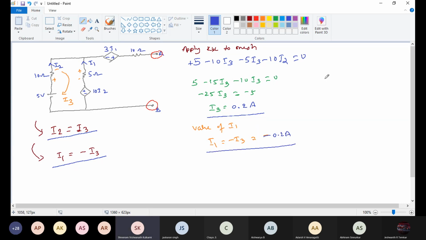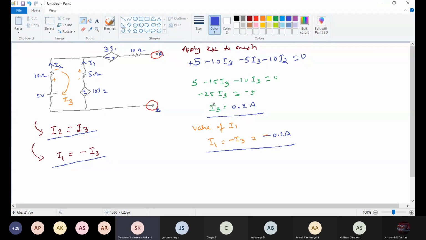Now we need to write the open circuit voltage equation here. If in the question paper they ask a problem like this, in the sense of this open circuit, first we need to write the loop current equations. From that we need to find branch currents.